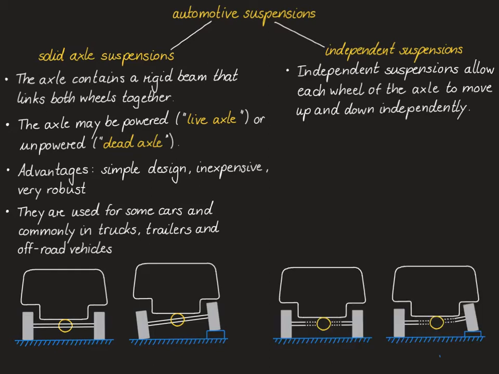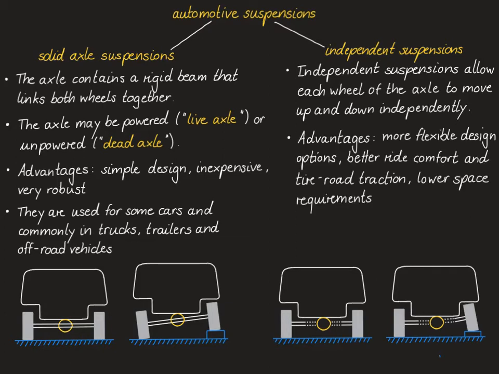For independent suspensions, the axle itself is more like an imaginary axle. In fact, they allow each wheel of the imaginary axle to move up and down independently. The advantages of independent suspensions are mostly based on the more flexible design options due to the more complex elastokinematic effects that we will discuss in more detail shortly.